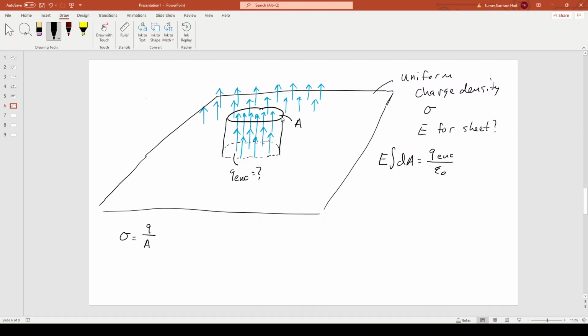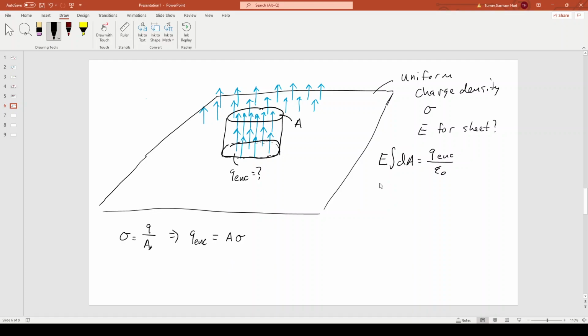So if I know what the area is of my cylinder, what the faces are, then that is the same as this area A. And my Q enclosed, the total amount of charge I enclose, is going to be equal to the area of my Gaussian cylinder times the charge density that I've put on the sheet.